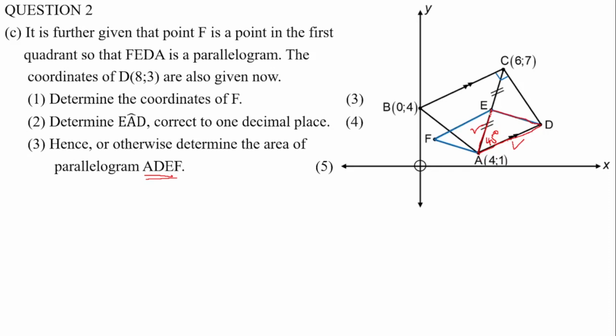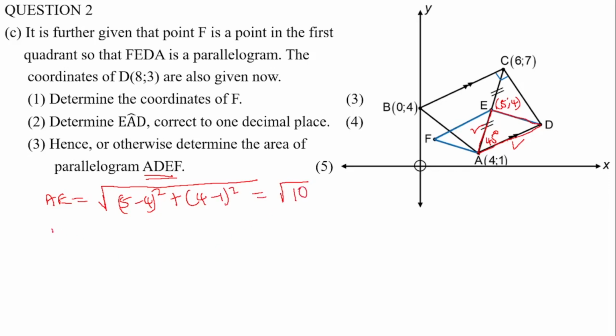Remember, we found the coordinates of E, isn't it? We say the coordinates of E are 5, 4. We did that in the previous question. Alright, so we can find distance AE. So distance AE is equal to the square root of 5 minus 4 squared plus 4 minus 1 squared, which is equal to the square root of 10.